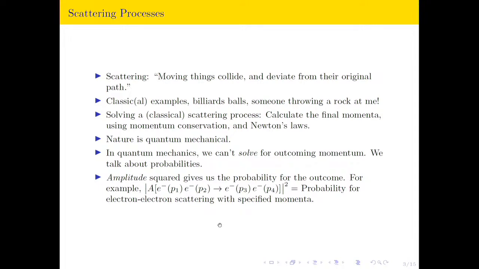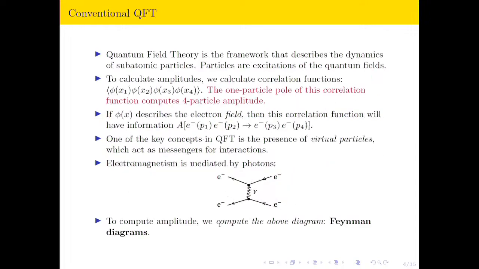A scattering amplitude, squared, gives us the probability for that particular outcome to happen, okay? So for instance, if we have two electrons with momenta P1 and P2, and they scatter off each other, the probability that they come out with momenta P3 and P4 is the mod square of this quantity that we are going to talk about here.